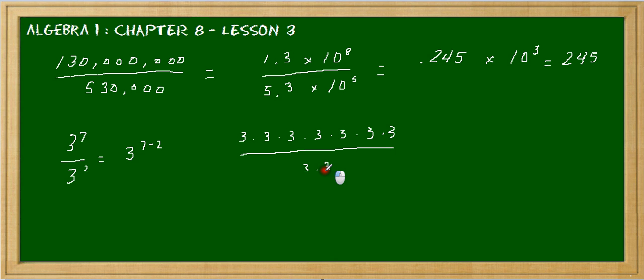So as we can see here, we have 7 threes, as they write it down. And over here we have 2 threes. And we would simply subtract the 2 from the 7, which gives us 5 threes, right?